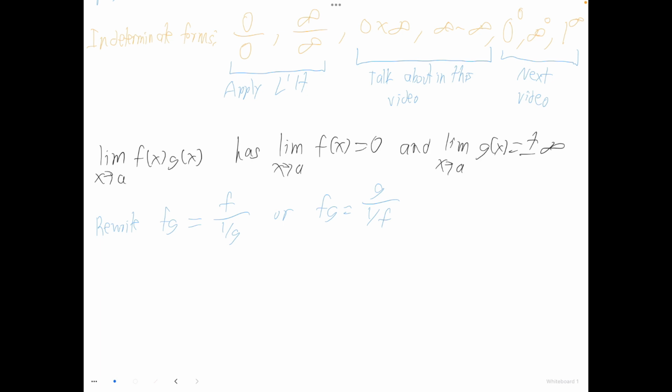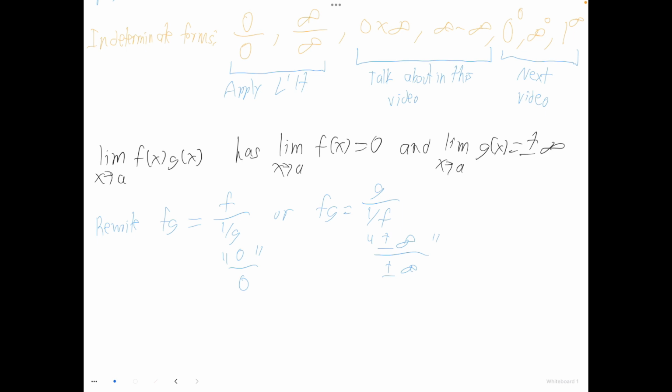Now the trick here is if f was going to 0, and g was going to infinity, then 1 over g is 1 over something going to infinity, which gets really small. So the first expression is going to be a 0 over 0 form. And in the second case, g was going to plus or minus infinity, and 1 over f, well, f was going to 0, so the bottom is now going to plus or minus infinity. And so in the second case, you get an infinity over infinity form.